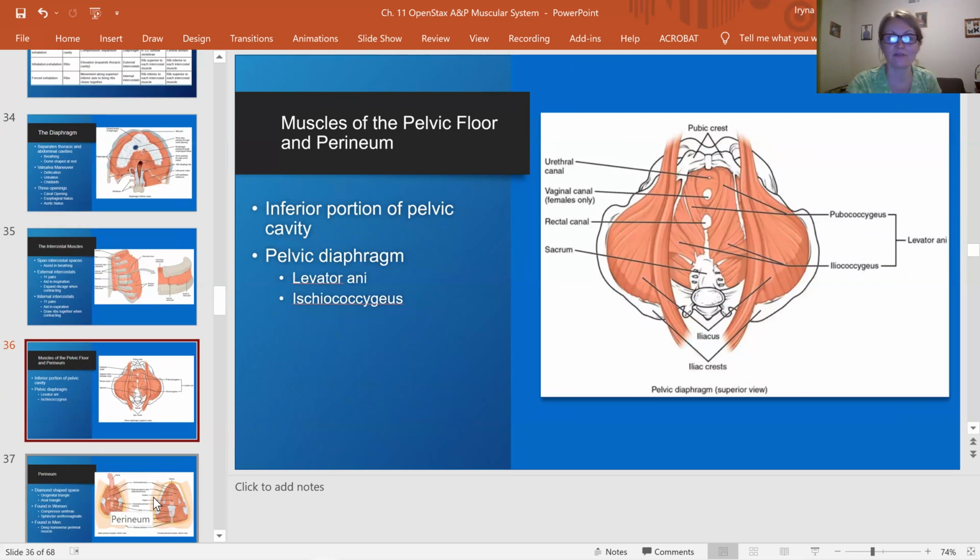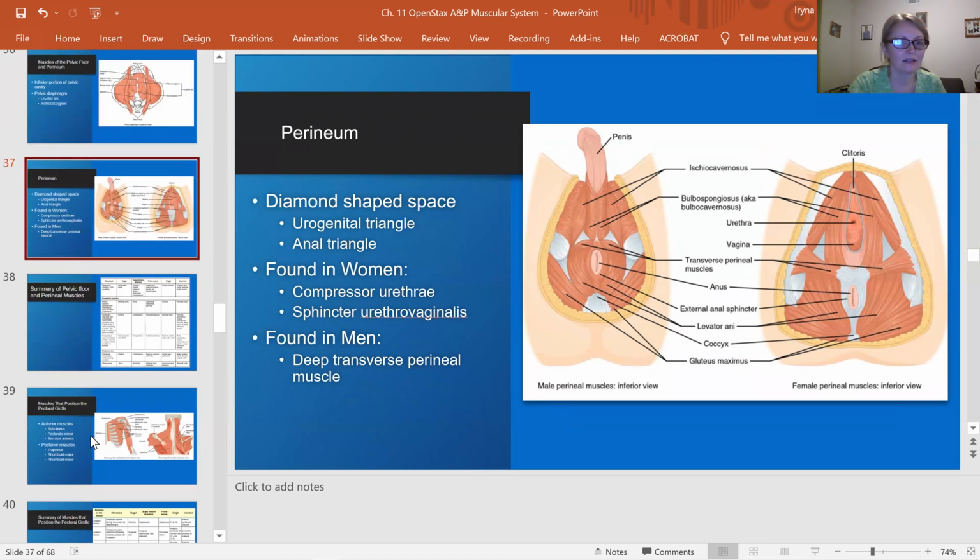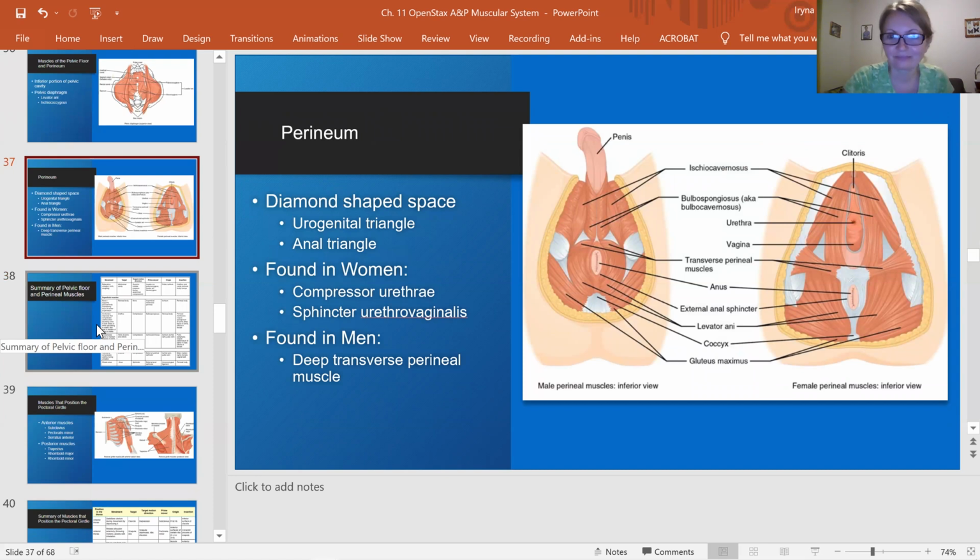And this diaphragm is on the inferior portion of the pelvic cavity, and we have muscles of the perineum that form important sphincters like external anal sphincter, and in females, they form urethrovaginal sphincter. I always call it external urethral sphincter, right? And that's it for the second video.